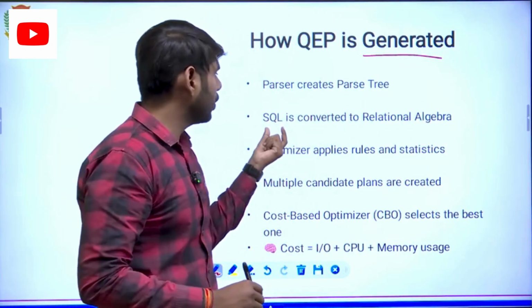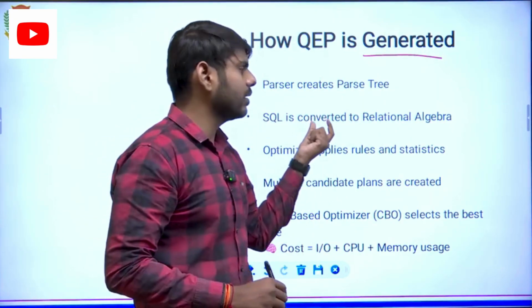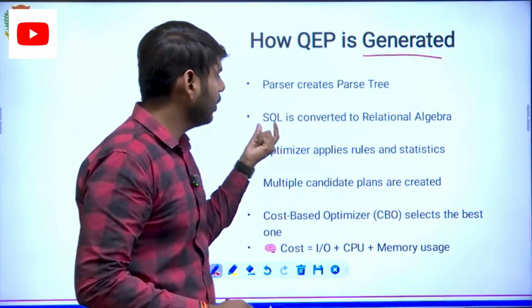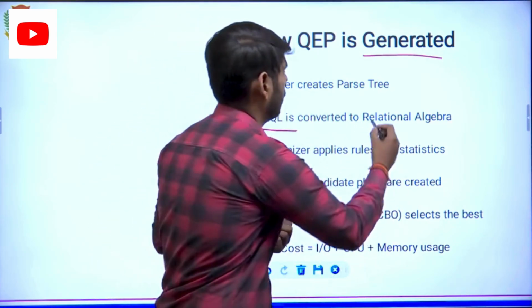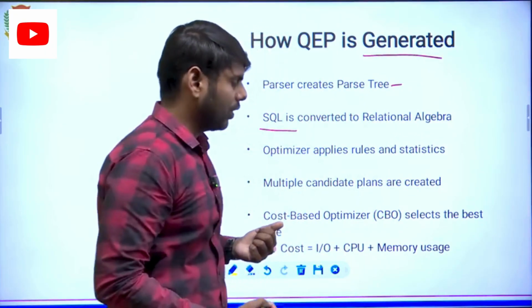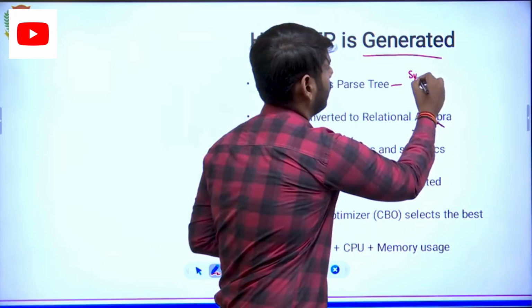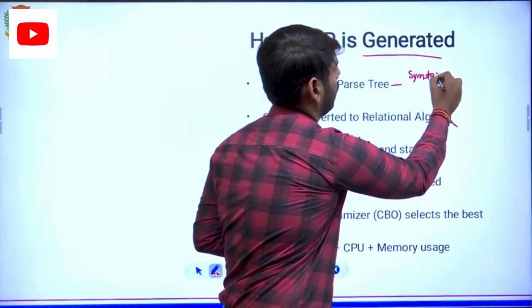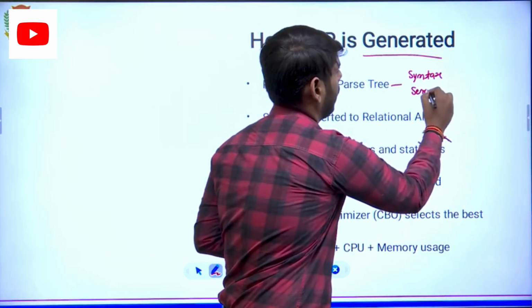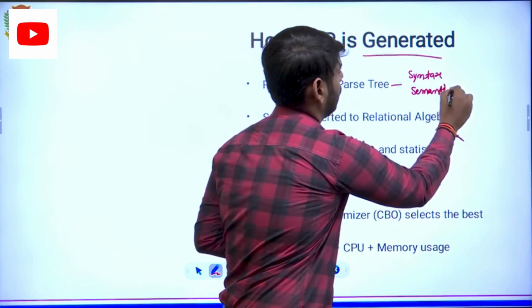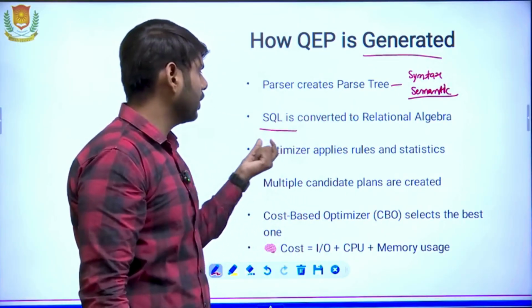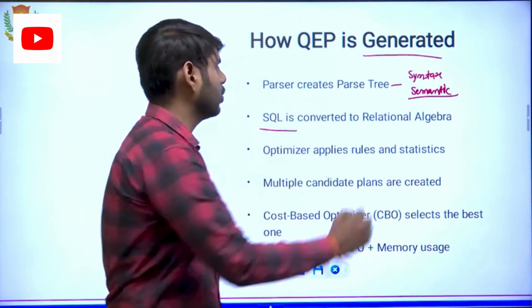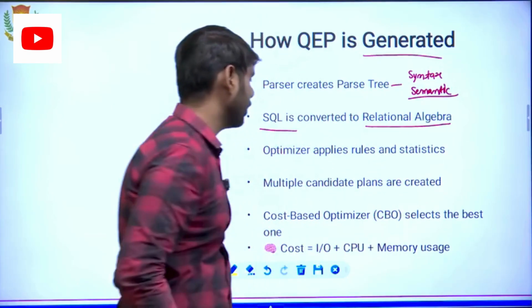That parse tree will go inside the query optimizer, and then we have to convert our SQL into relational algebra. In the parse tree, we check the syntax errors plus the semantic errors. So we check 2 errors over there. After that, we convert our SQL query into relational algebra.